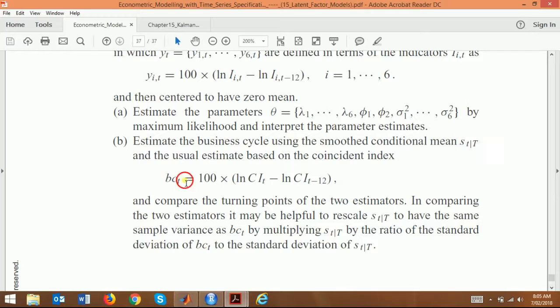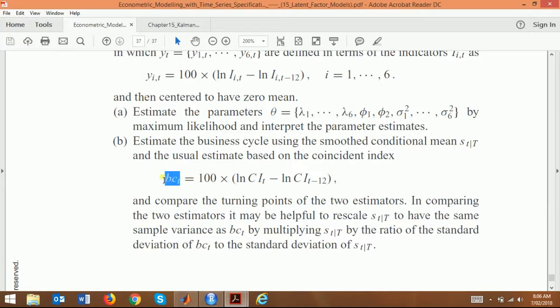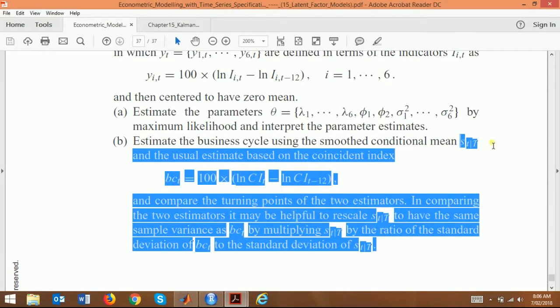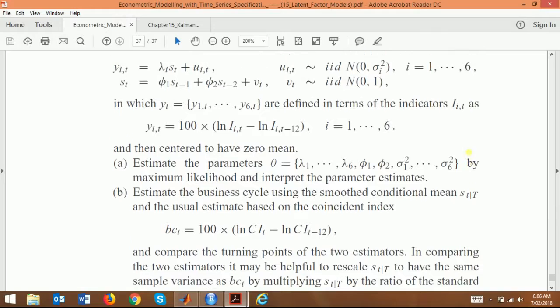So we find STT and BCT by multiplying STT by the ratio of the standard deviation of BCT to the standard deviation of STT, taking the ratio and multiplying it with STT, the big one, to scale it.